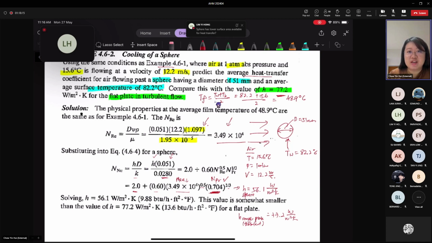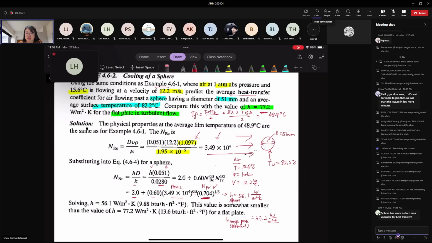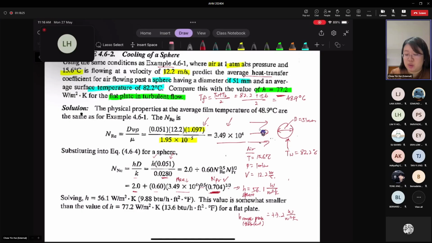Okay, let me see here. Okay, from Yihong: sphere has lower surface area available for heat transfer. Yes, correct. You are correct. So you can actually try to calculate it. What is the effective surface area that is available for heat transfer to occur? So for sphere, then it's pi d square, right? You can try to do some calculation. Well, the diameter here is 51 mm just now.